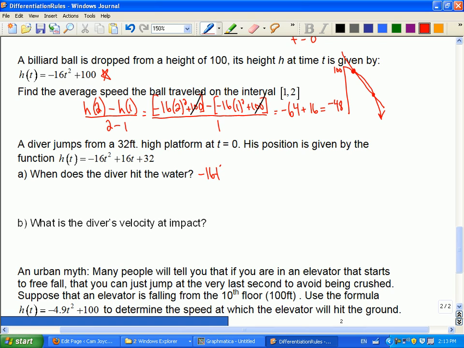What's the height when you hit the water? Okay. So that means I'm going to take out a 16 here.